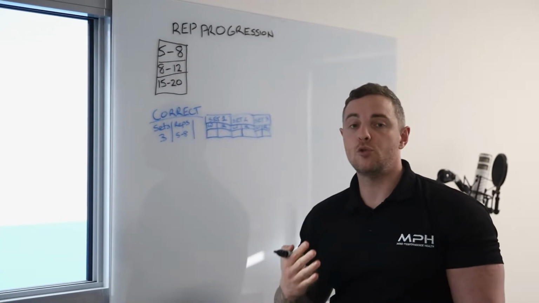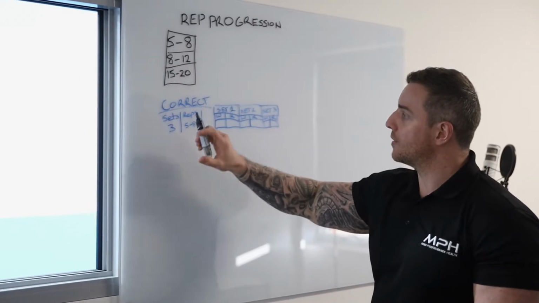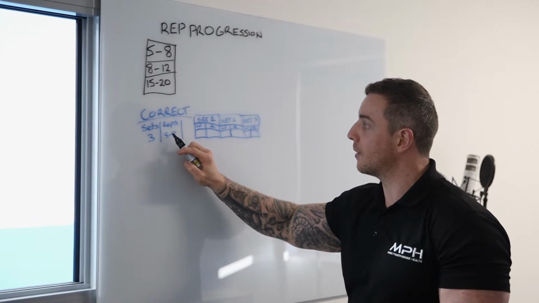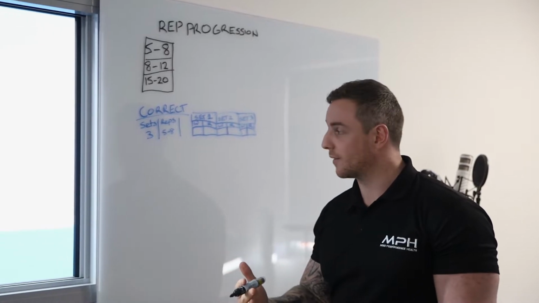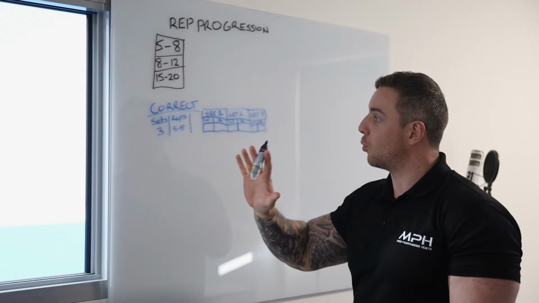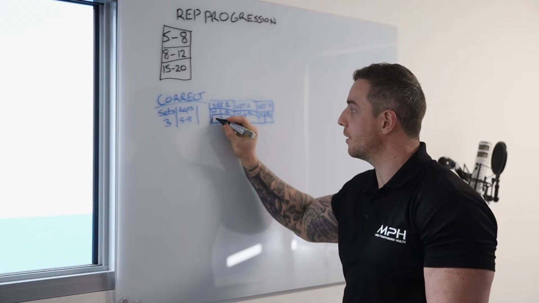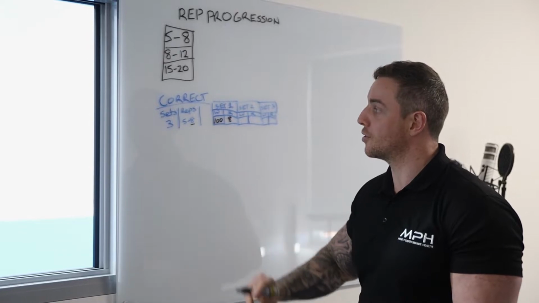Now, the way to execute this is that, say we're using, as an example here, 3 sets of 5 to 8 reps, and the exercise is the bench press. In set 1, the correct way to do this, pushing to close proximity of failure, is that you did 100 kilos and you completed 8 reps, top of the range.